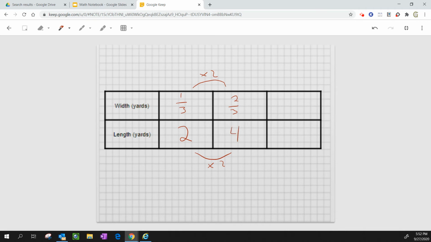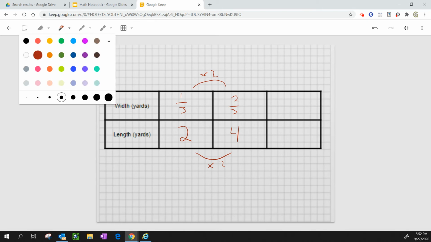Remember, she wanted the width to be 1, and 2/3 isn't 1. So let's try again. Pick a different color.